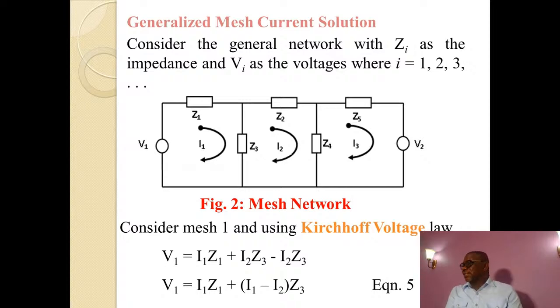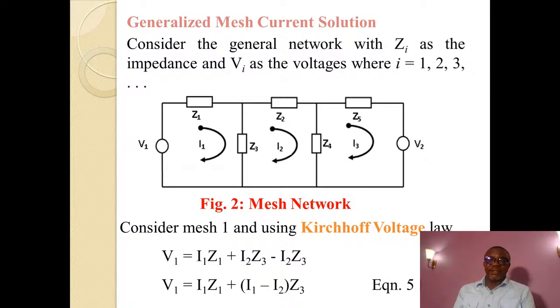In which case, you can bring out I. So you can now expand that to get equation 5. Can you confirm that? So it will give you V1 equals I1 Z1 plus, in brackets, I1 minus I2 times Z3.